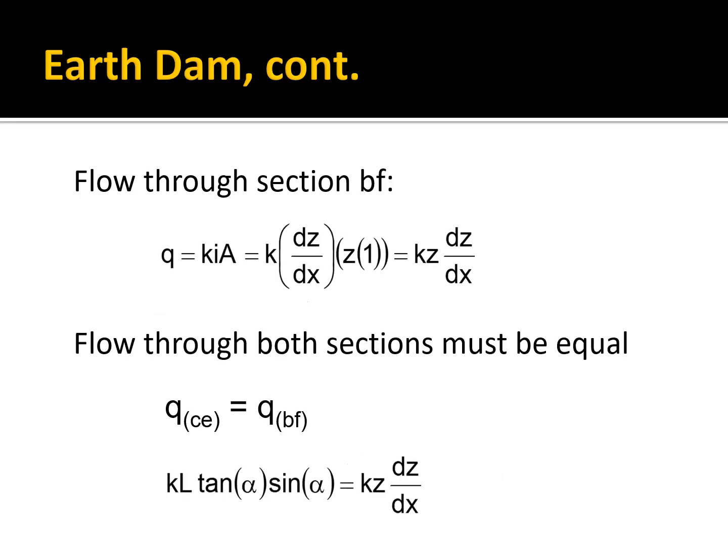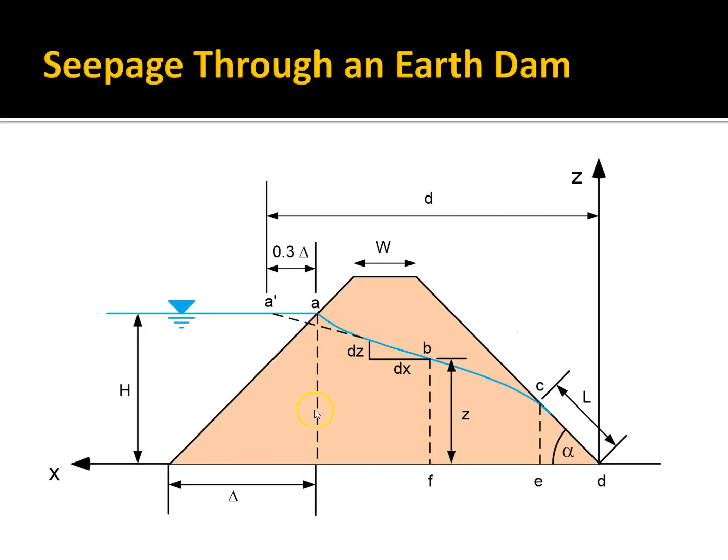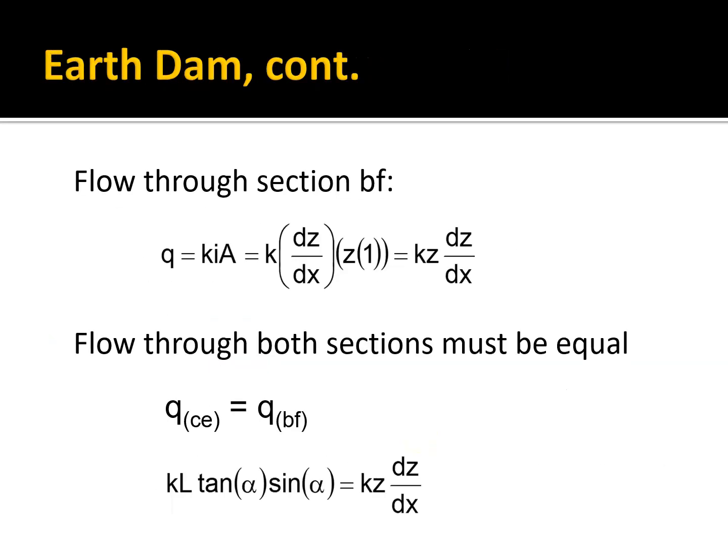Remember that. Now we're going to look at flow through section BF. BF is right here, just somewhere in the middle. If we apply Darcy's law to section BF, the hydraulic gradient is dz/dx, so it's just the slope of that phreatic surface at that point.